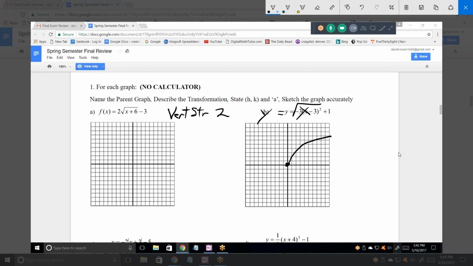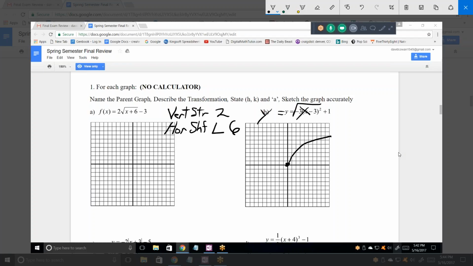What about the plus 6? What is that? Horizontal or vertical? Horizontal. All the horizontals are inside the function, all the verticals are outside the function. Is it a stretch, a shift, a shrink, and which direction? It's a shift, to the left by 6 units.